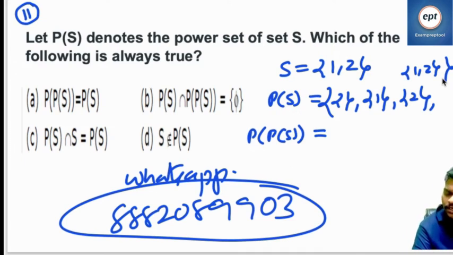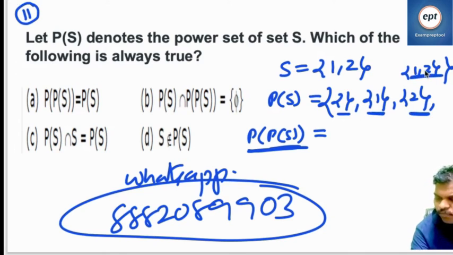Next one, the power set of the power set of S. That is 4 elements, so it should contain 2 to the power 4, that is 16. Let me write, see this one: 1, 2, 3, 4. For this 4, 16 will come. By default, the empty set will come.